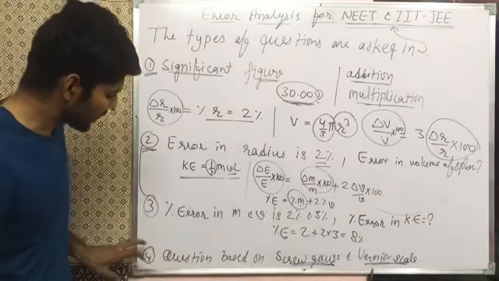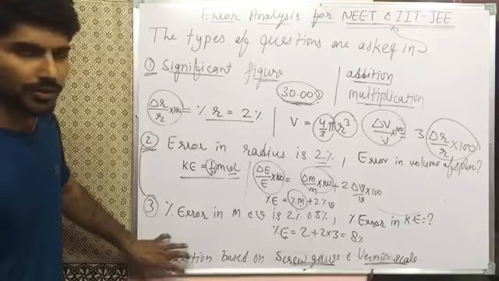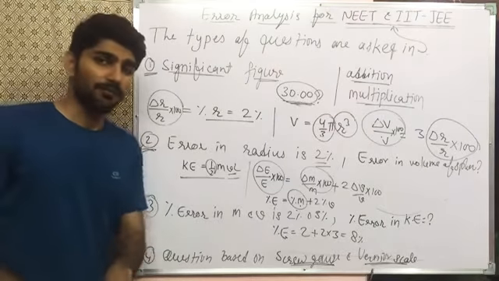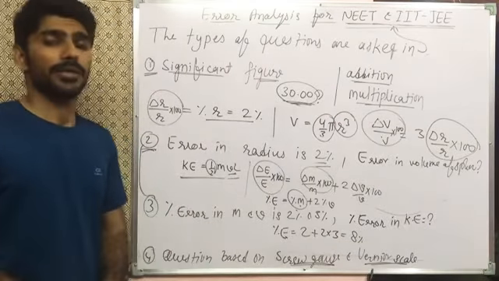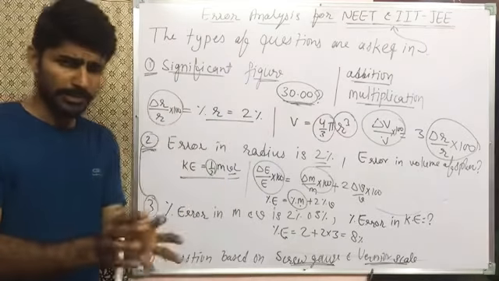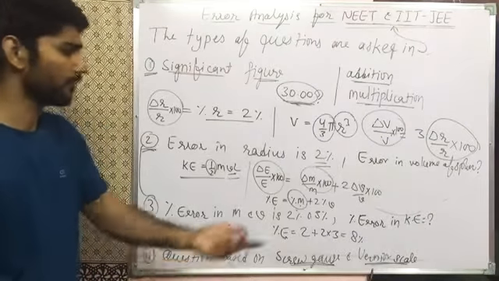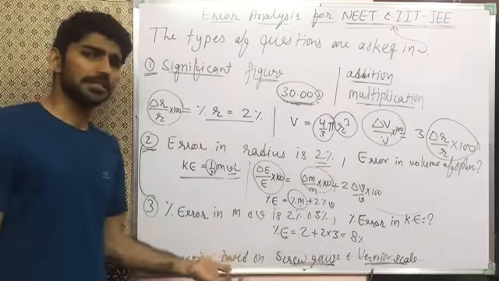So this is a simple type of question. There is no complexity, just a simple question to get the final observation from the screw gauge or vernier scale using the basic observations like main scale reading, circular scale reading, vernier scale reading, least count and error.